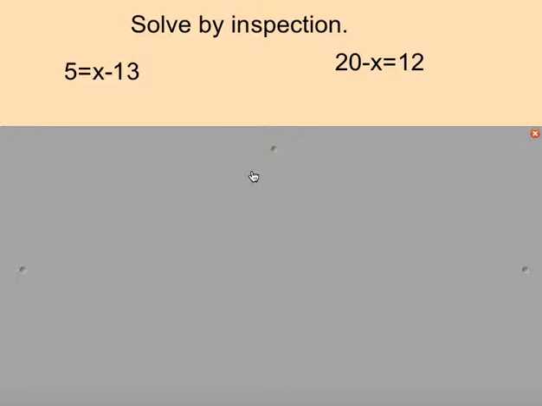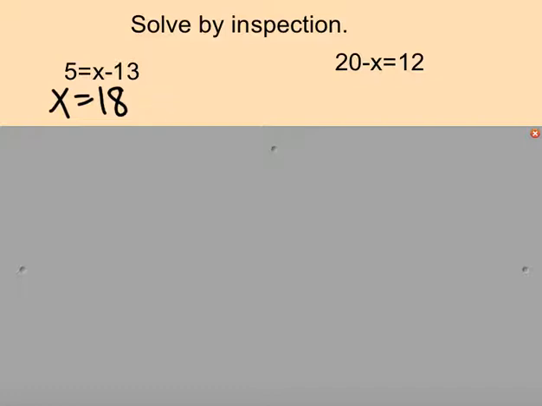I need a number that's 5 units away from 13, but it needs to be bigger. So 5 units away from 13 would be 18. 18 minus 13 does give me 5, so x would need to be 18.